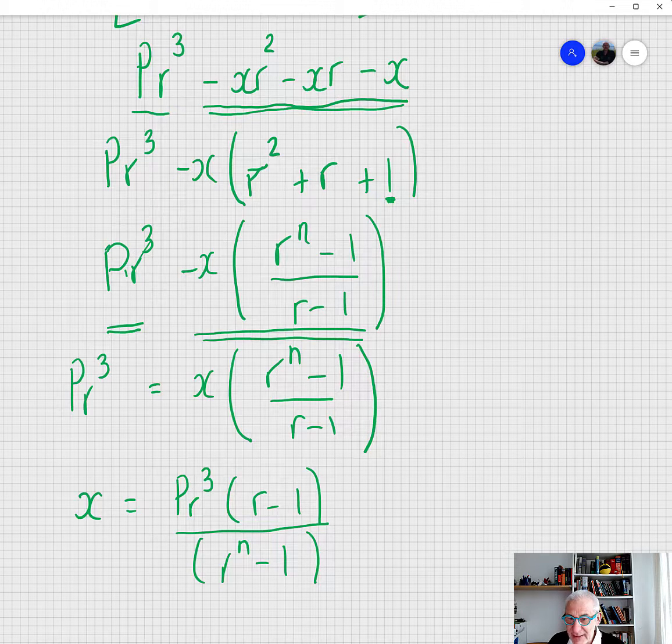And that particular expression is one which is used by banks, and it's the legal way in which your monthly payments, your weekly payments, your yearly payments, whatever they are, are calculated.